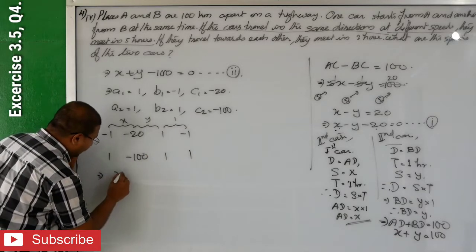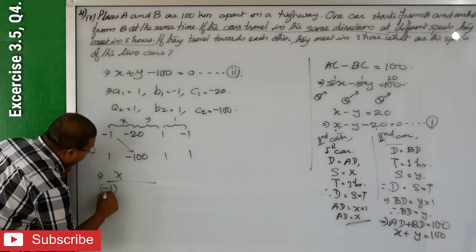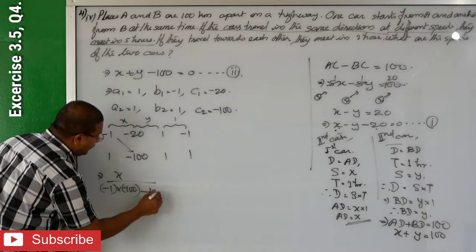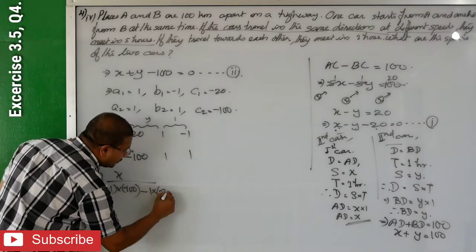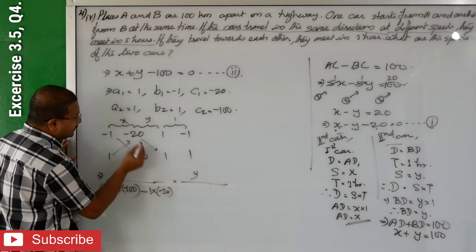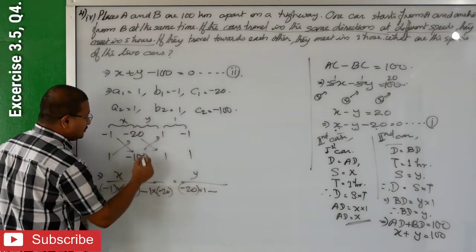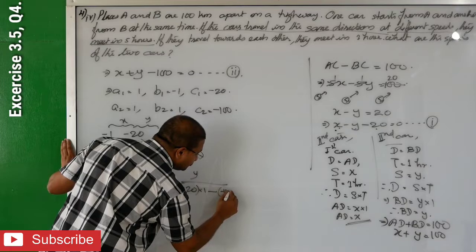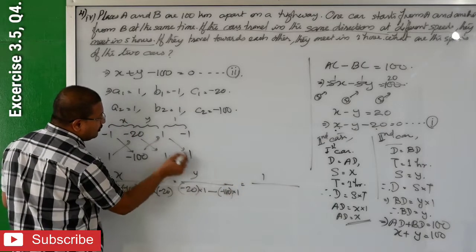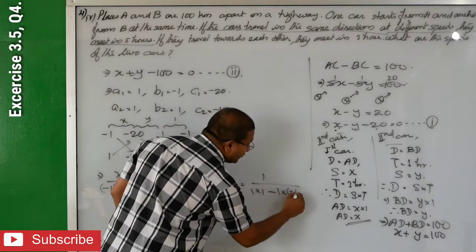This implies we write x divided by, these two will multiply: minus 1 into minus 100 minus 1 into minus 20, equals y divided by, these two will multiply: minus 20 into 1 minus 100 into 1, equals 1 divided by this, 1 into 1 minus 1 into minus 1.